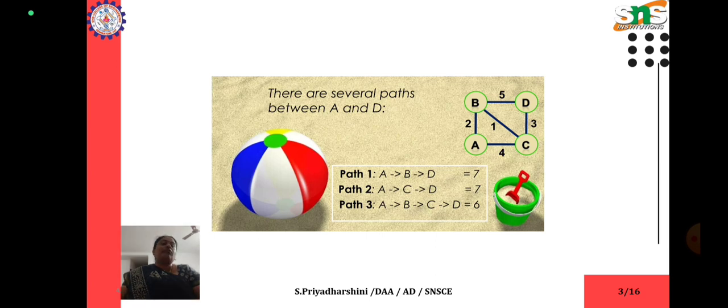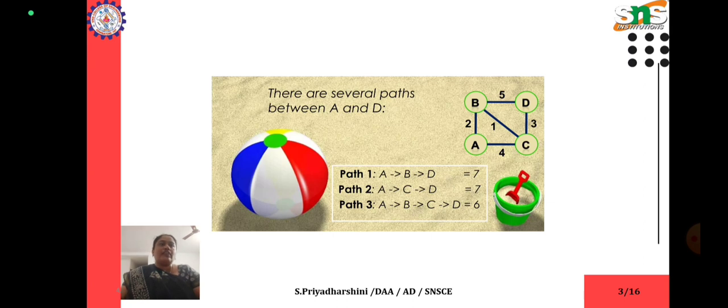The next step is, for every pair i, j of the source and destination vertices respectively, there are two possible cases. Case one: k is not an intermediate vertex in the shortest path from i to j. We keep the value of distance i, j as it is. Case two: k is an intermediate vertex in the shortest path from i to j.